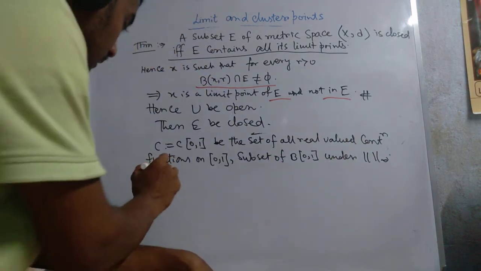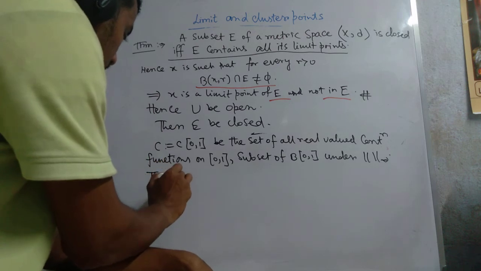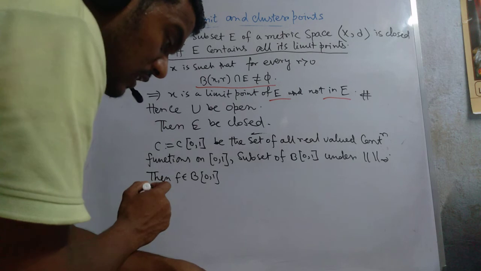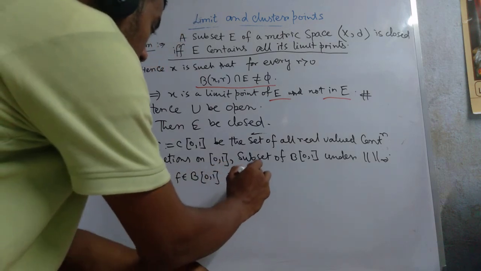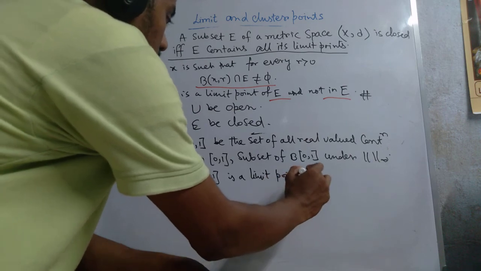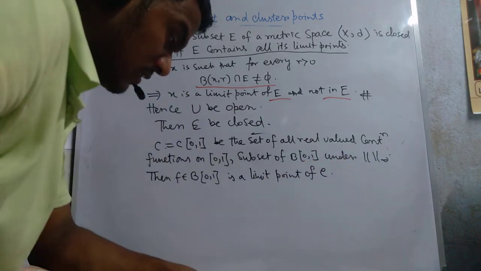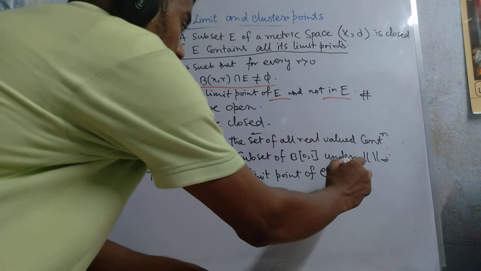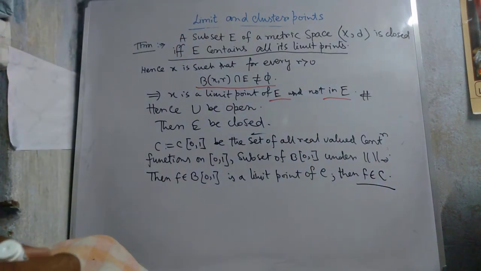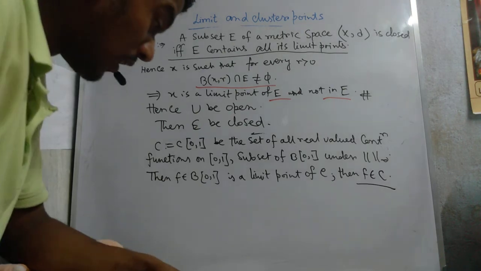Then f belonging to B[0,1] is a limit point of C, then f belongs to C. Okay, then what do we find?